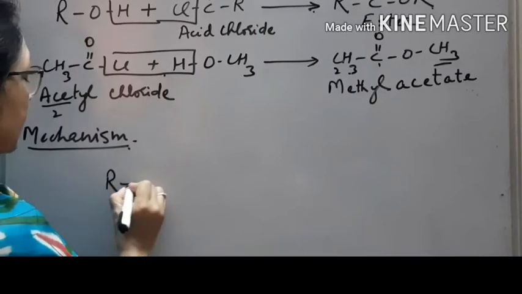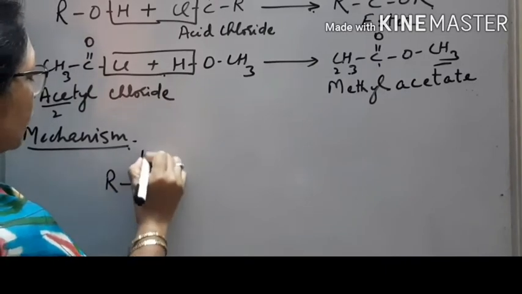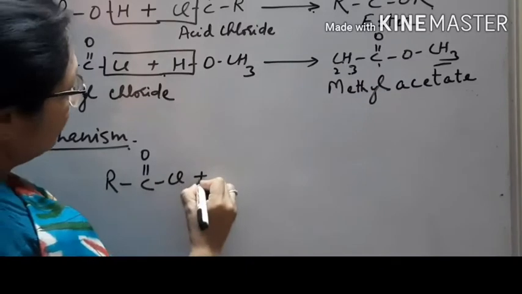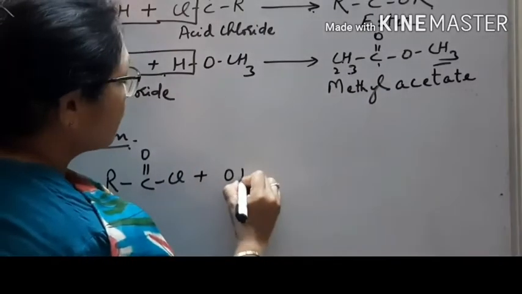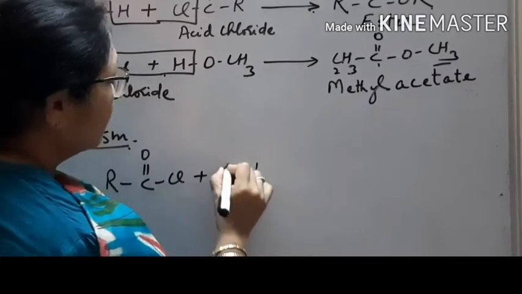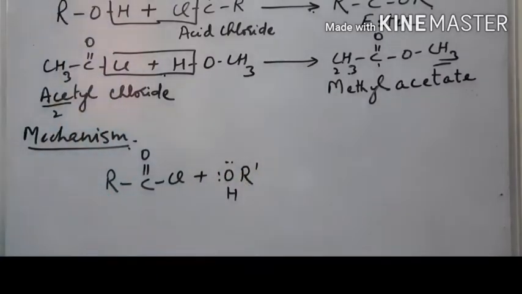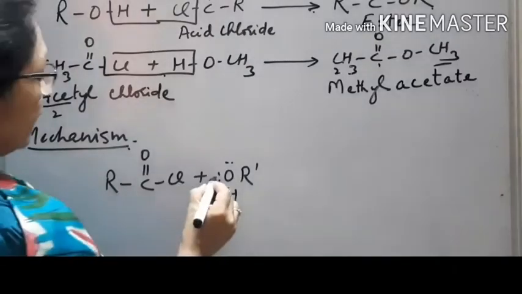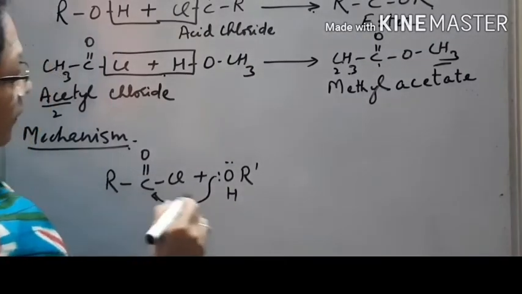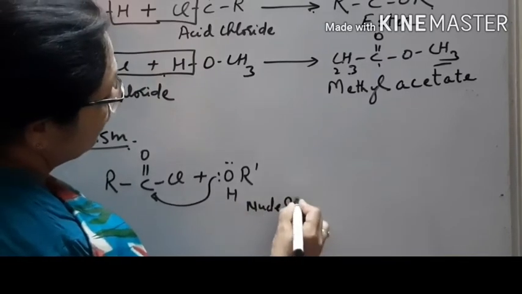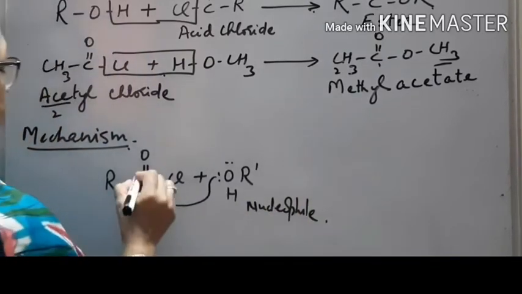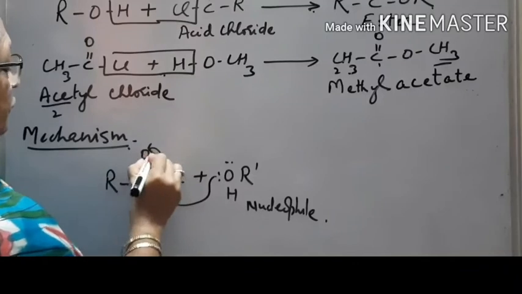Next, mechanism. This is RCOCl, right? And there is an alcohol molecule having lone pair of electrons that attacks the carbonyl carbon; it will act as a nucleophile, right? And automatically the pi electrons shifted above.